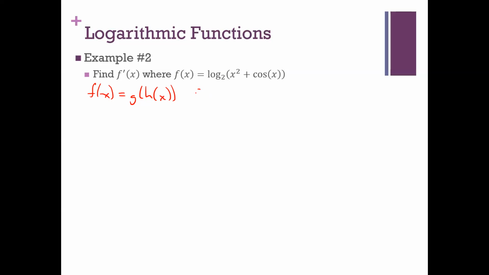Based on this definition, what is g? Log base 2 of x is the outer function. The inner function is x squared plus cosine x. So now we can find derivatives, right?